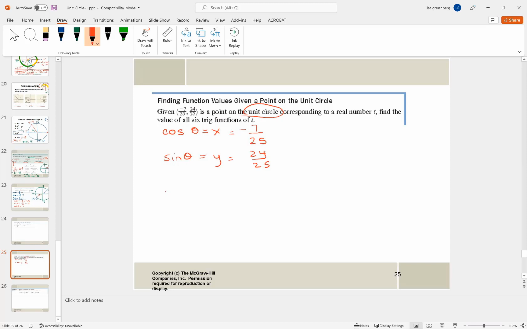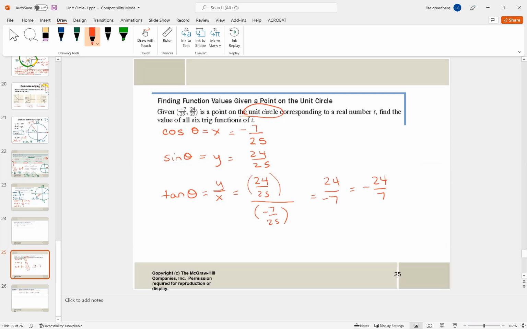And then I have my tangent, which is equal to y over x. So I have 24 over 25 over negative 7 over 25, which is going to equal 24 over negative 7. You can pull that negative out.